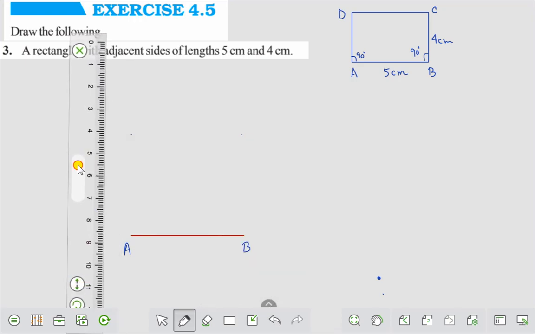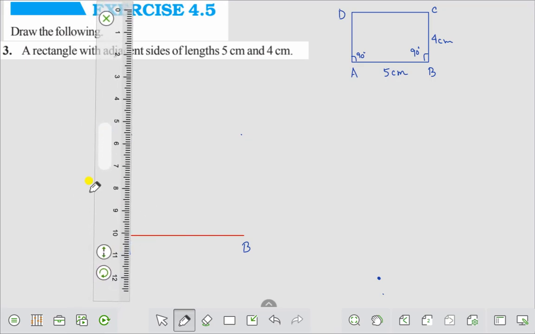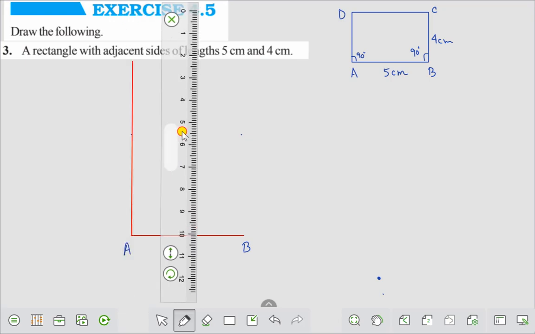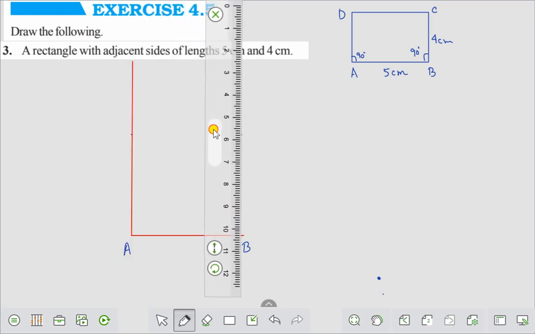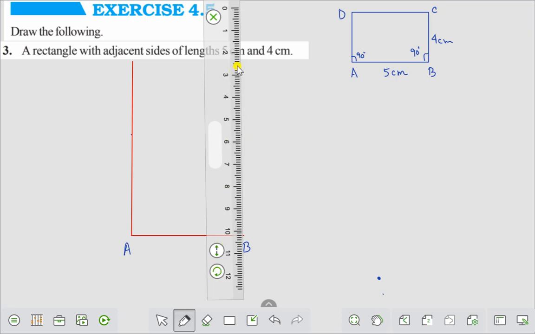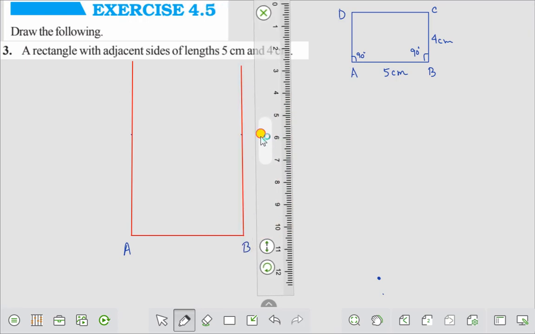Here you see, we're making this 90 degree at point A. This is 90 degree at point A. And now make 90 degree at point B. You see, we are making 90 degree at point B. This is 90 degree at point B.